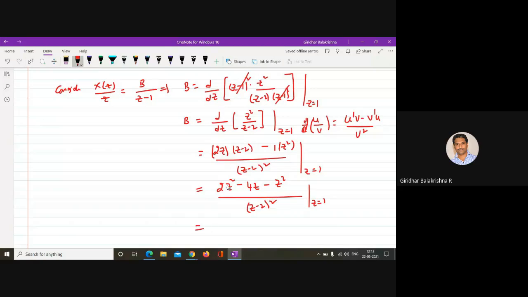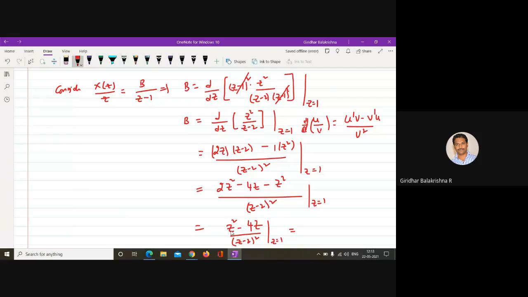So this is equal to 2z square minus z square. How much? 2z square minus z square. Z square minus 4z by z minus 2 whole square at z equal to 1.